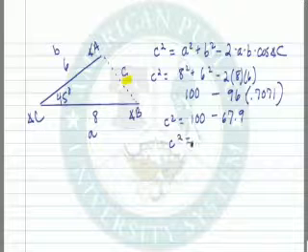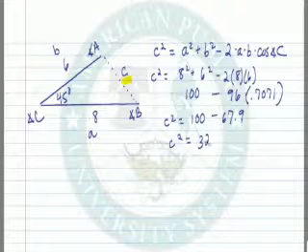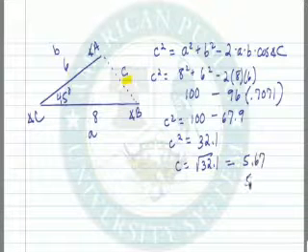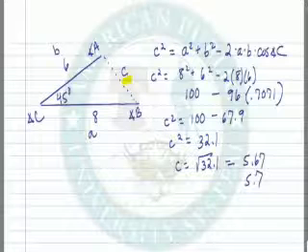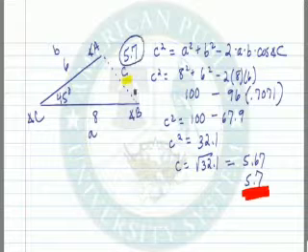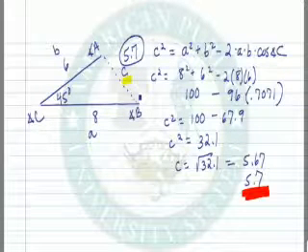So we get c squared equals 32.1, and taking the square root of 32.1 gives us what this side length is now equal to, which is 5.67 or 5.7. Reasonable answer, because this angle is smaller than it was.